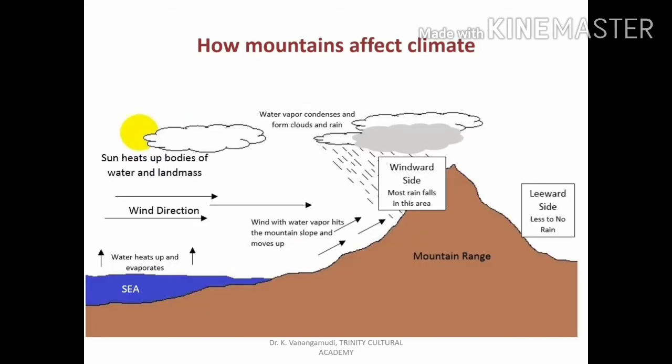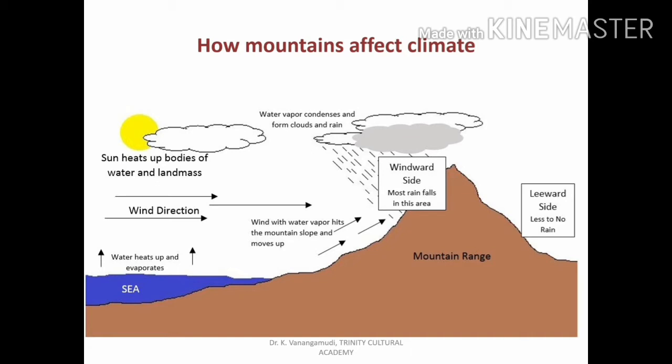Good friends, this figure clearly shows how the mountain affects the climate. As I told earlier, the sun heats up bodies of water and land mass, and because of that the water heats up and evaporates, and due to wind direction, the wind carries the water vapor and hits the mountain slope and moves upward, and there the water vapor condenses and forms clouds and rain.